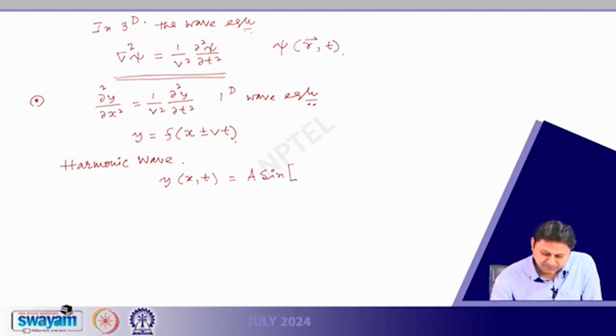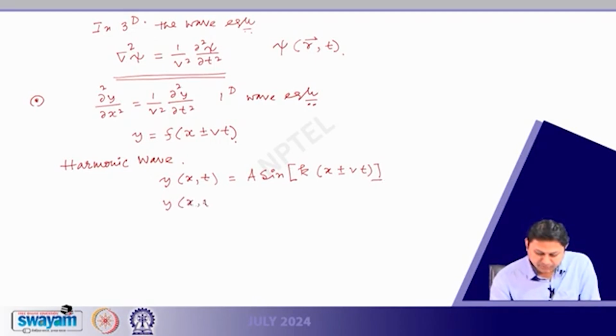So let us consider this as a sine function, sine of k(x ± vt). Or we can have a solution as a harmonic wave as amplitude times cos of k(x ± vt).